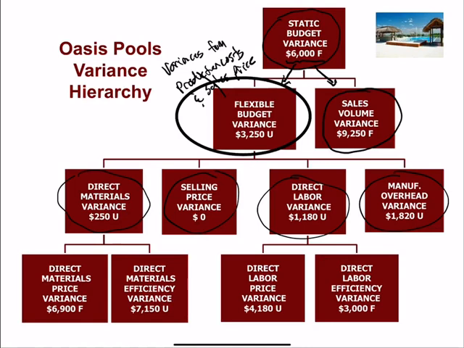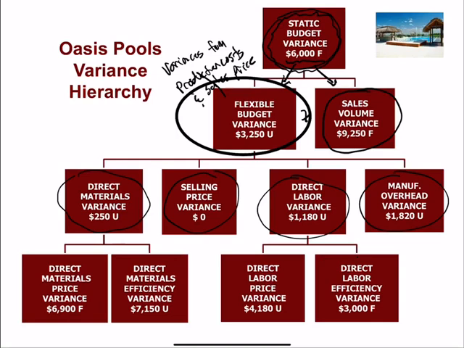And an important thing, like we said before, to keep in mind in this hierarchy is all these things add upwards. So the flexible budget variance plus the sales volume variance should equal the static budget variance.